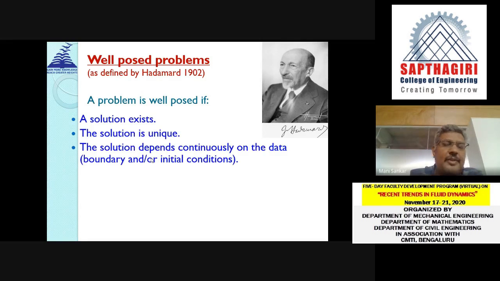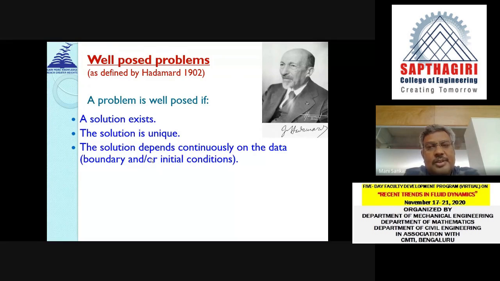Generally, when we end up with a mathematical equation, we must ensure that the problem is well posed. So what do we mean by well posed? In 1902, Hadamard, a mathematician, defined what a well posed problem is. The problem is well posed if the following three conditions are satisfied. First and foremost, the solution of the problem must exist.